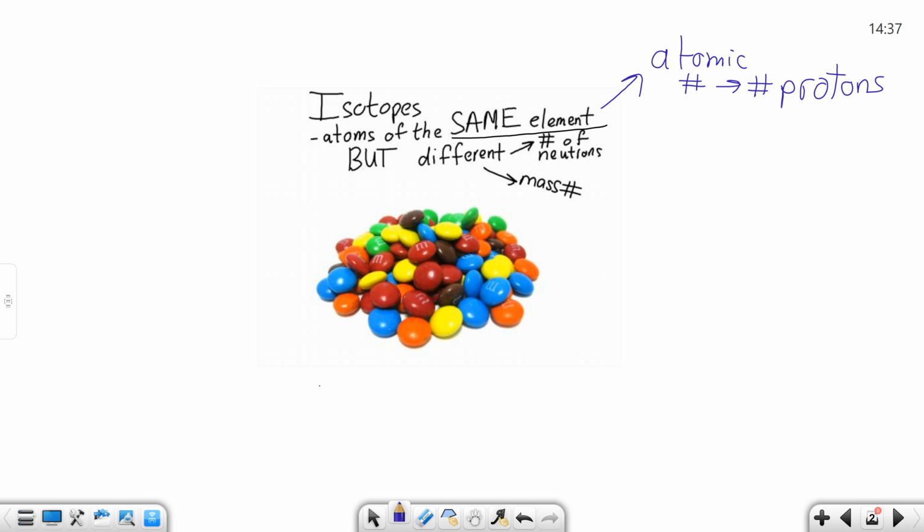But an isotope of that atom would have a different number of neutrons, which means a different mass number. So we have multiple amounts of the same element, but even amongst those, they're not all perfectly the same. Some of them have a slightly different number of neutrons within their nucleus, since that's where they're found. The protons and electrons will stay the same.